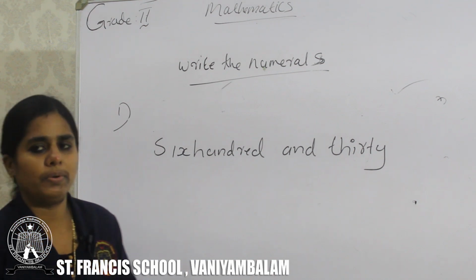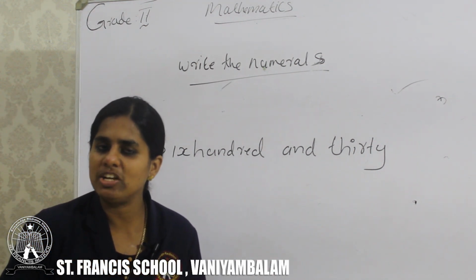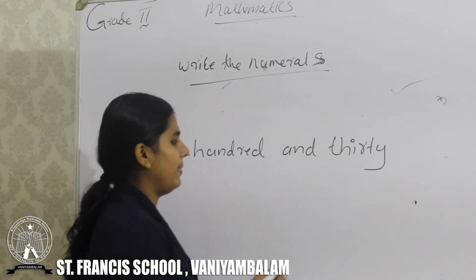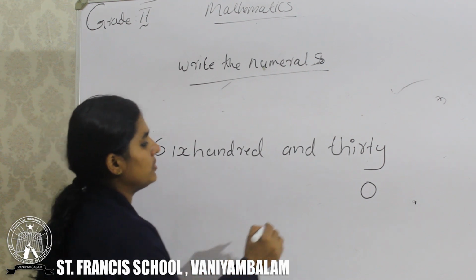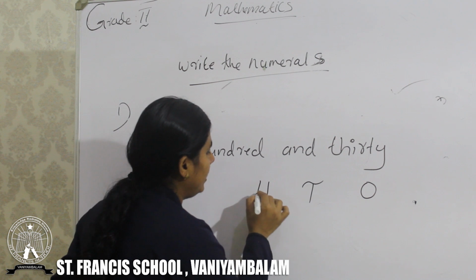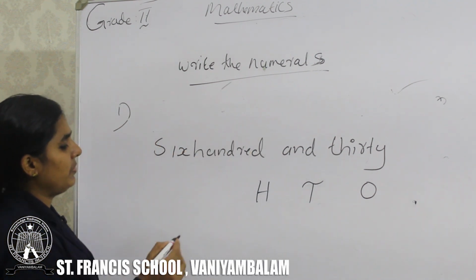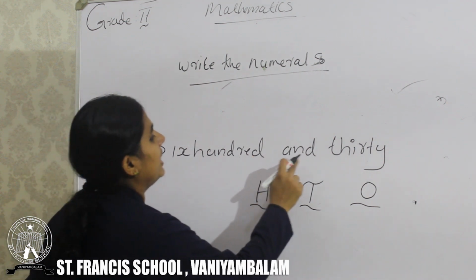630. First, what do we want to do? First we want to write the place value chart of a 3-digit number. Right side we have ones. Left of the ones we have tens. Left of the tens we have hundreds. After that we can see our number name 630.